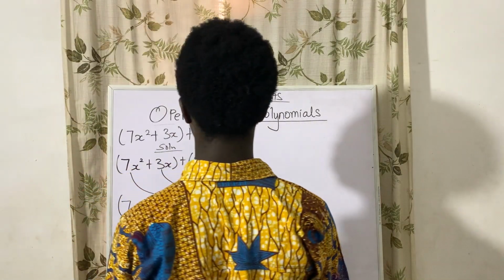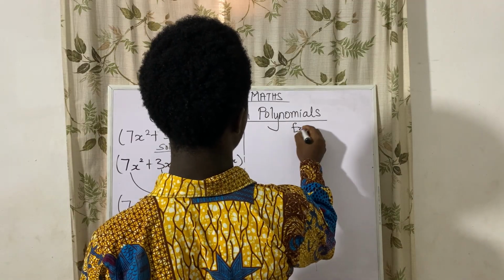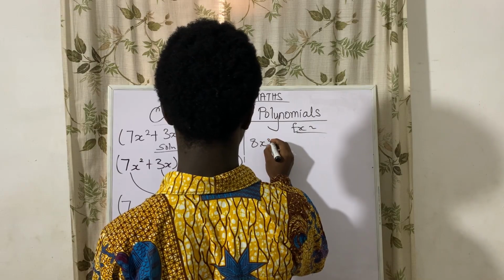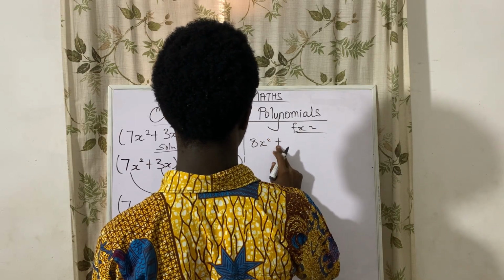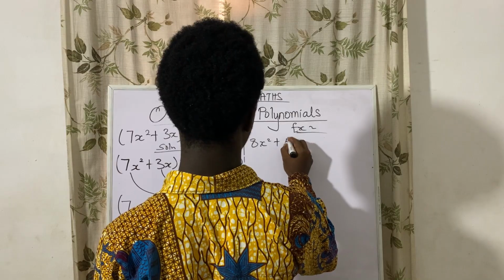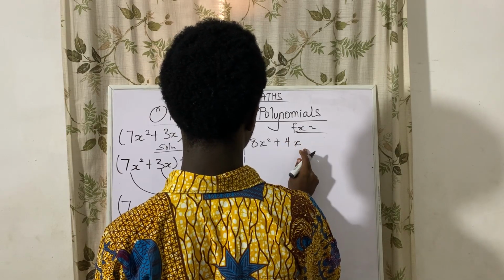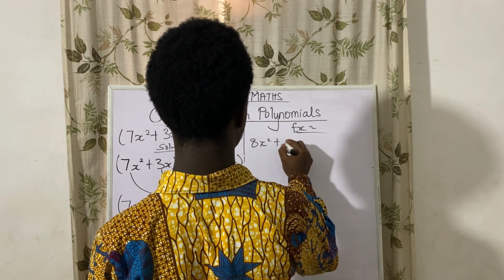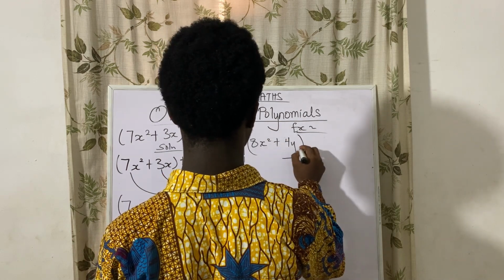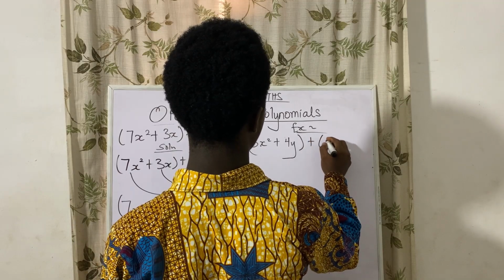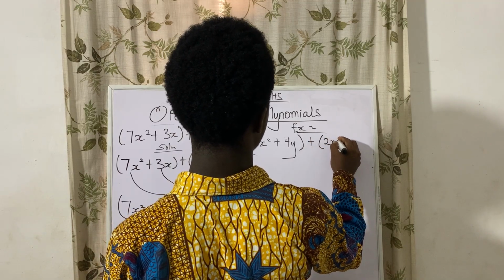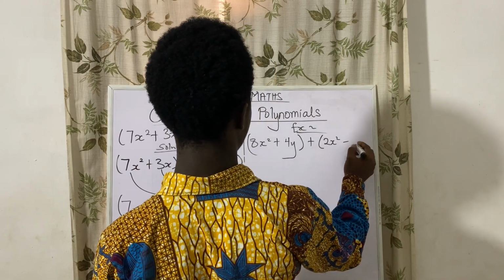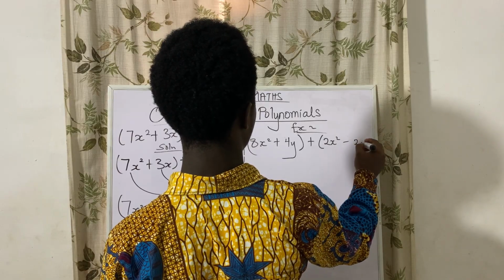Now another example, this is example 2, still on addition. So we have 8x squared plus 4y, plus 4y in brackets, plus 2x squared minus 2y.